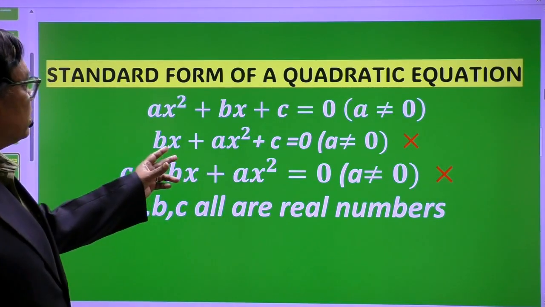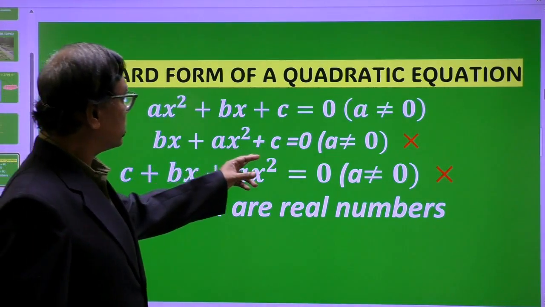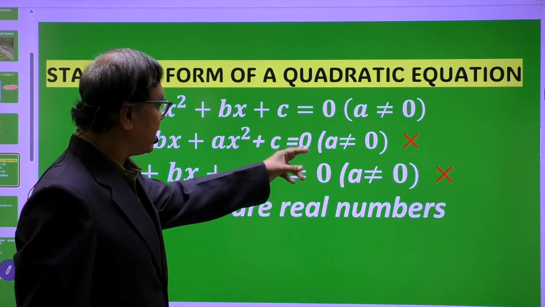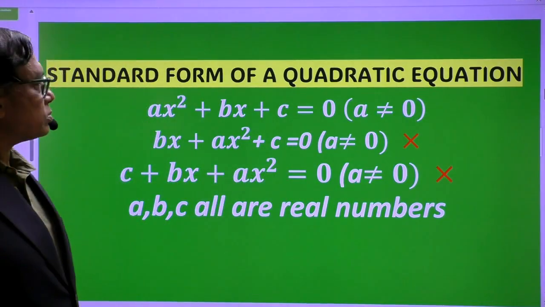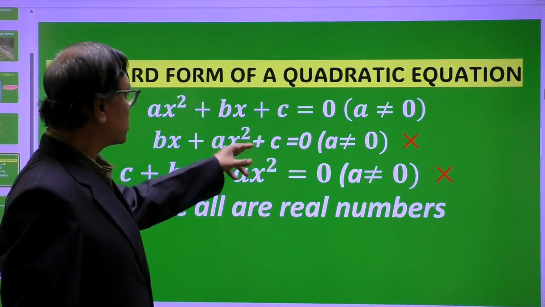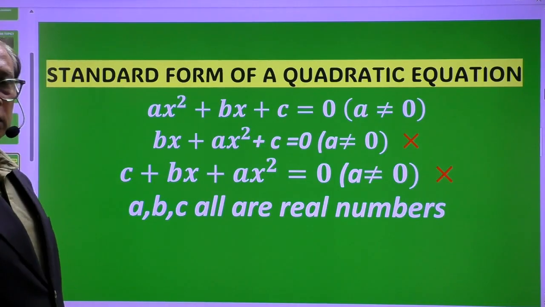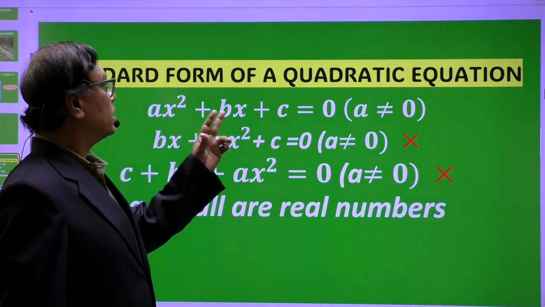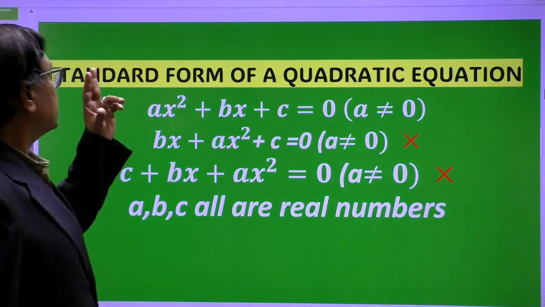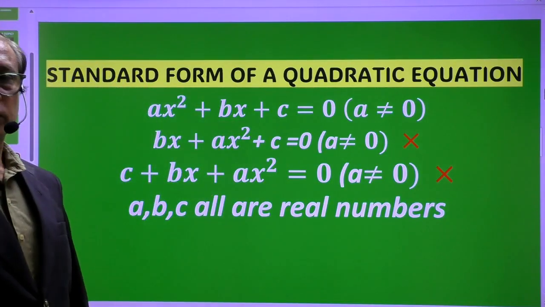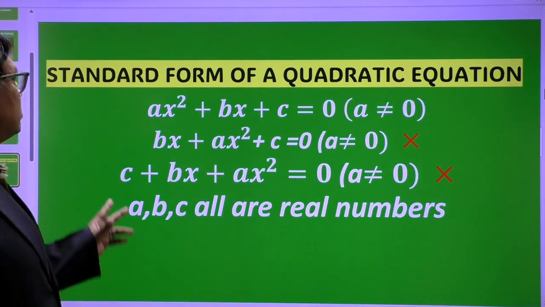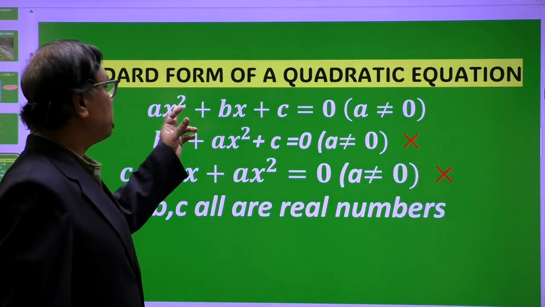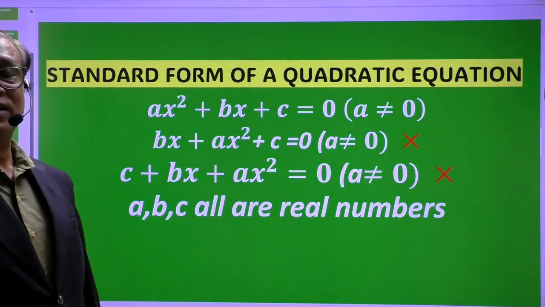But see here, I crossed the second and third. That means these are not quadratic in standard form. Why not? Because to be in standard form, the powers of the variable should be in descending order.